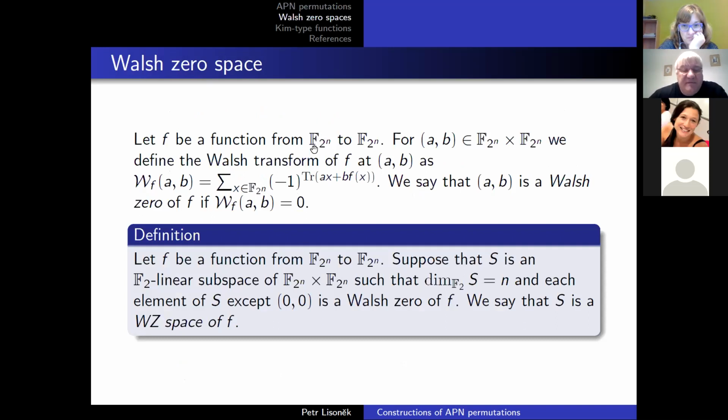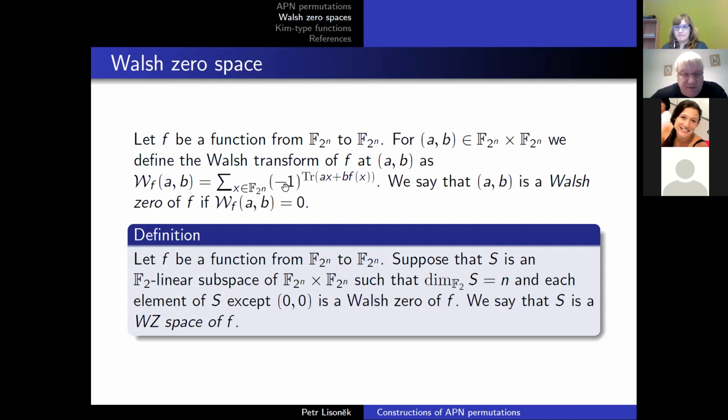For any function from the field F_2^n to itself, we define the so-called Walsh transform. It's probably a well-known transform, so I won't spend much time on it. It's used also in studying linearity, or rather non-linearity, of functions, which is the other important aspect of cryptographic functions that has to deal with linear cryptanalysis.